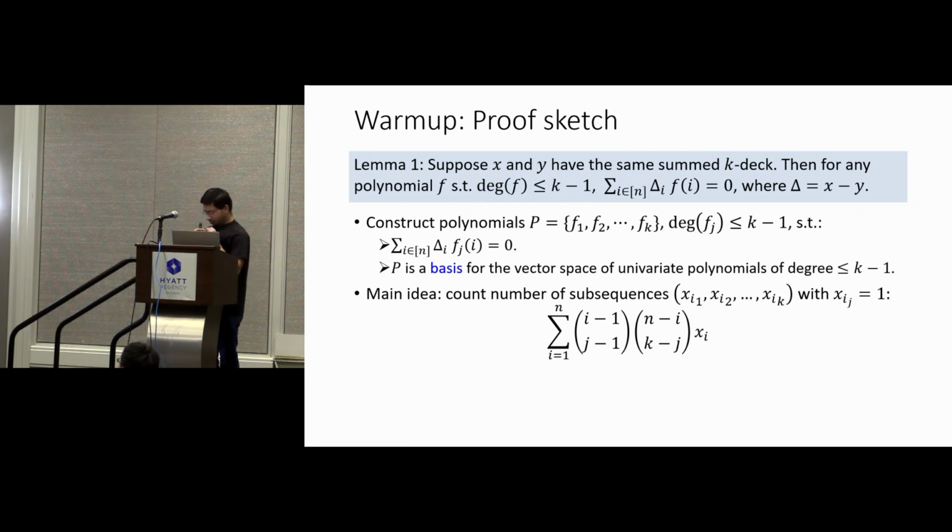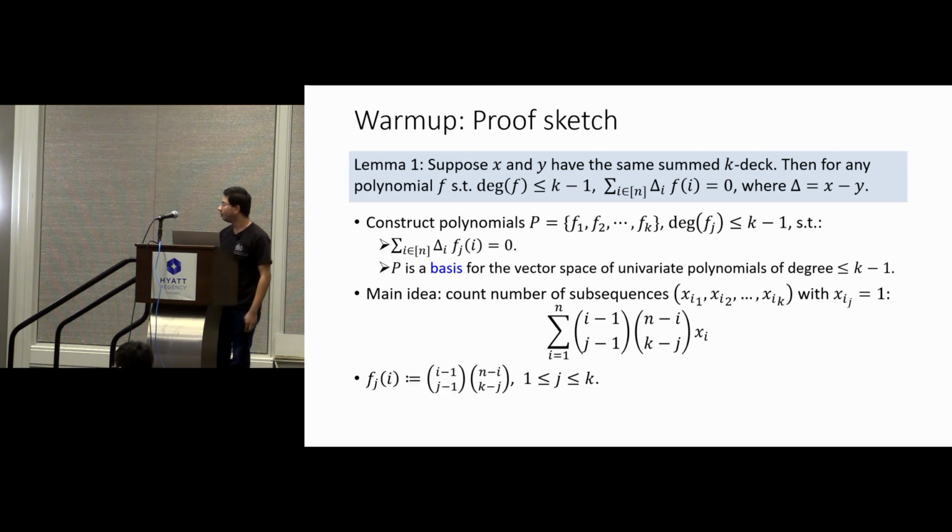It is basically this expression: I just count the number of ways I can get j minus 1 elements from the first i minus 1 elements before the ith element, and similarly for the rest.